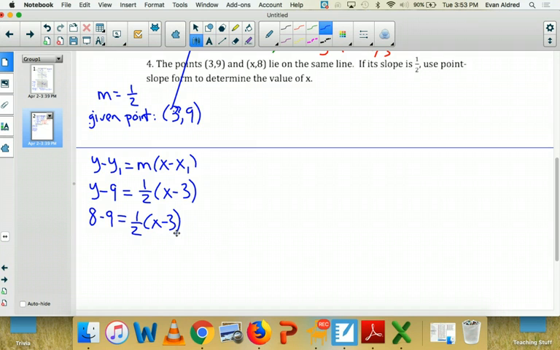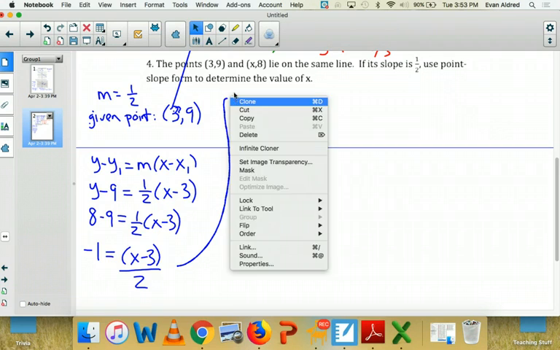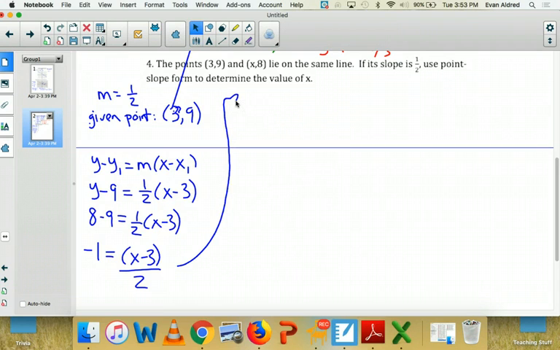Let's simplify both sides. Negative 1 there, and then (x minus 3) over 2 on the right-hand side. Again, we did that trick where we put everything over the denominator 2.